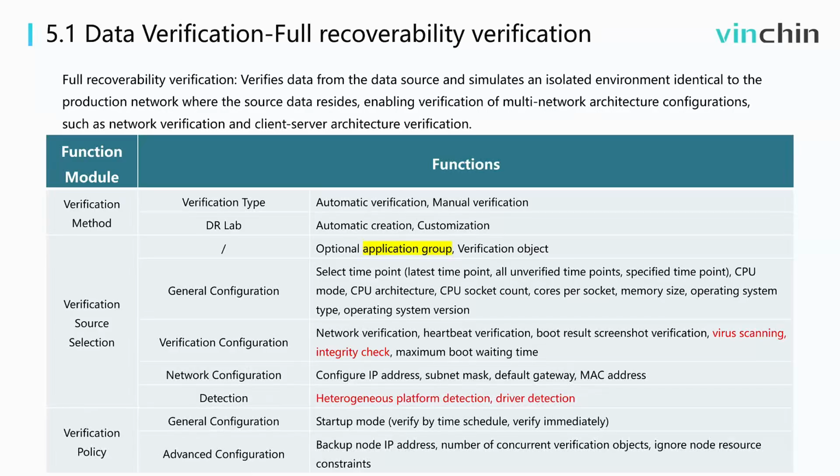And the last function module is verification policy. In general configuration, can set startup mode, verify by time schedule or verify immediately. And in advanced configuration, they support the backup node IP address, number of concurrent verification objects that ignore the node resources constraints.